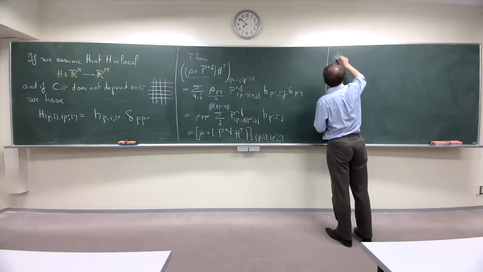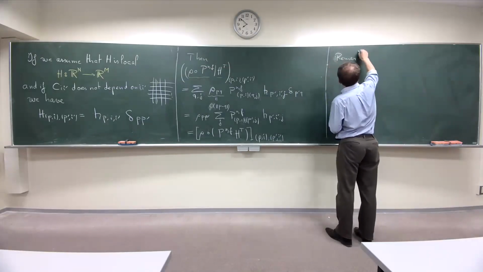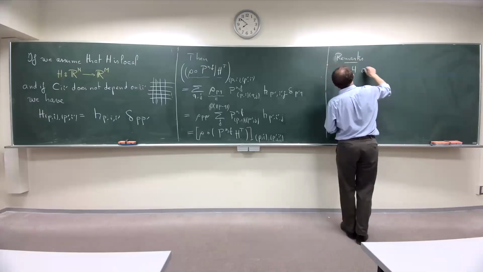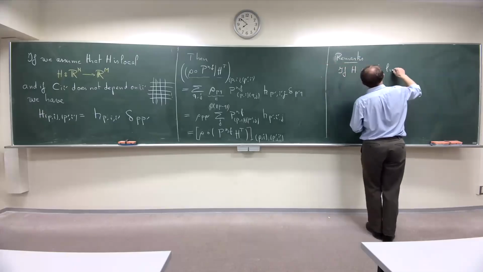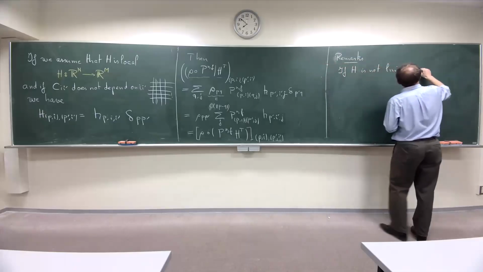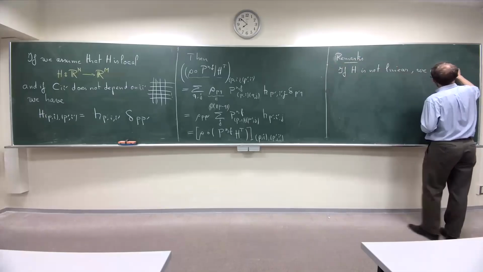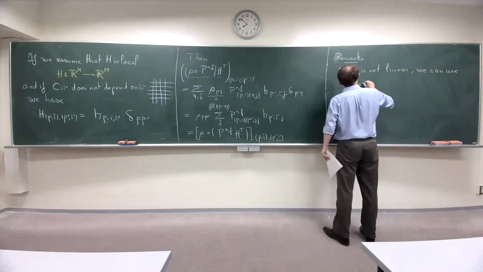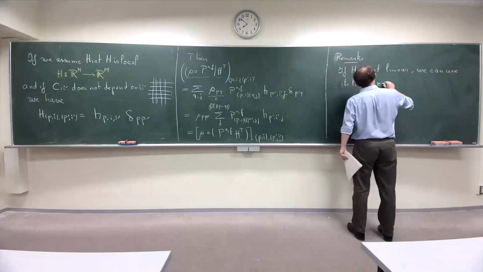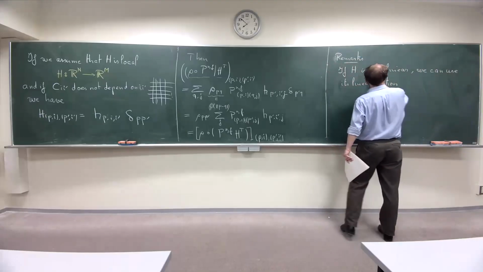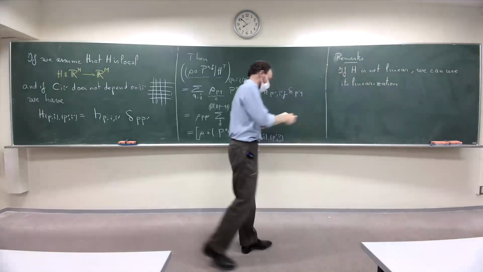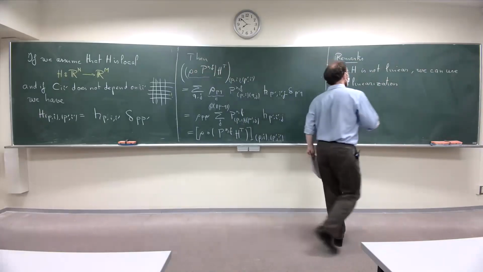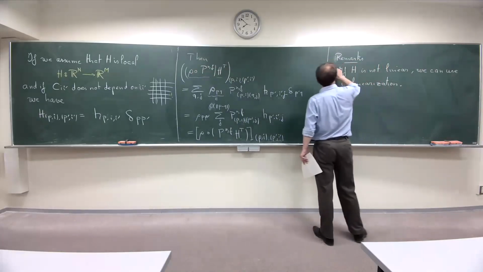So, two remarks. If H is not linear, we can use its linearization, which is what we do in the extended Kalman filter, the EKF. This is the first point.